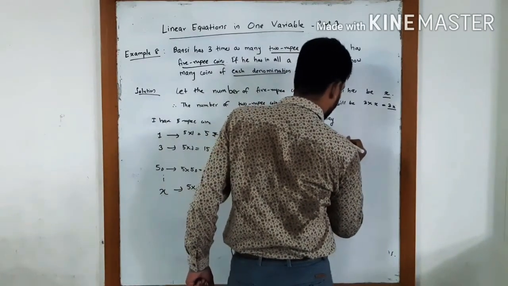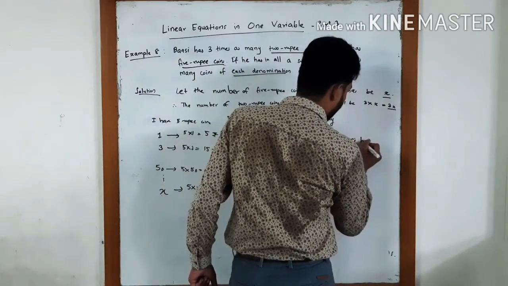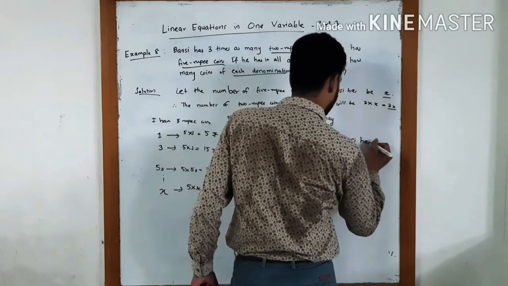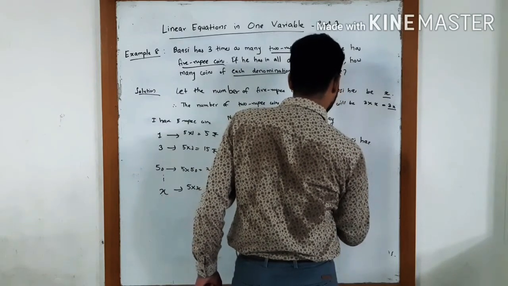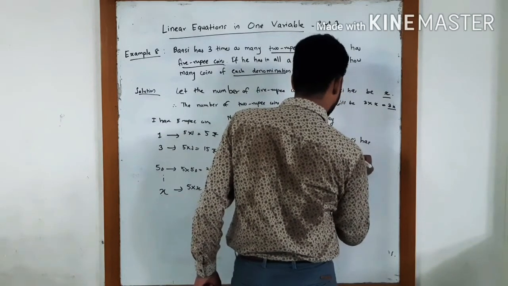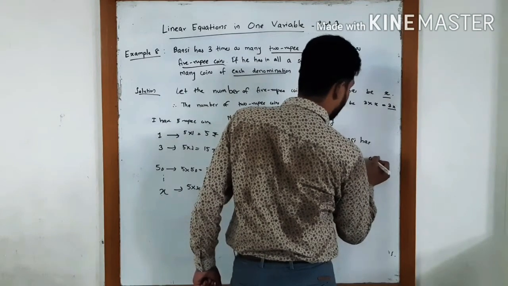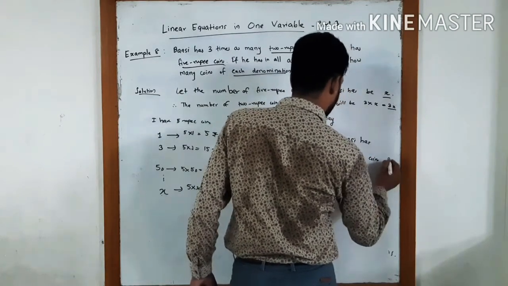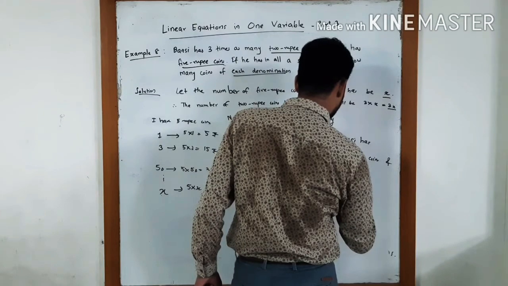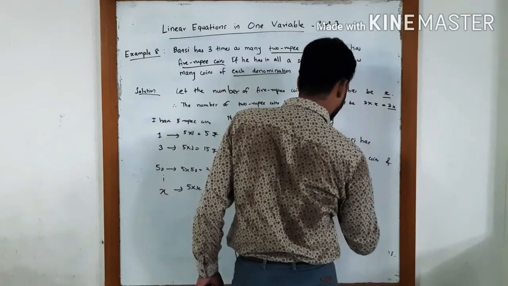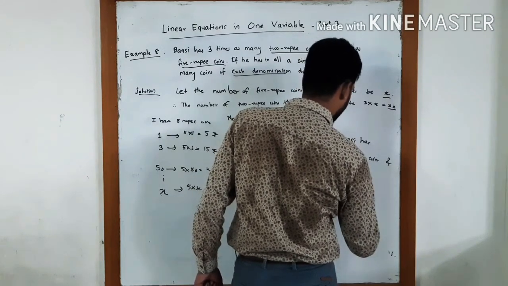Therefore, Bansi has 7 5 rupee coins and 7 into 3, which is 21 2 rupee coins.